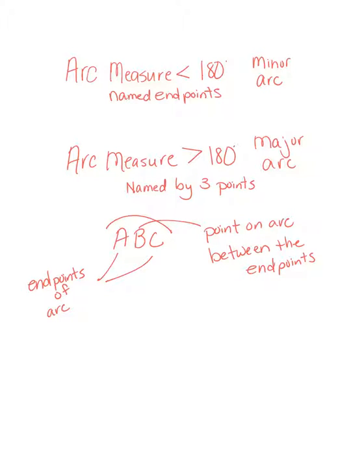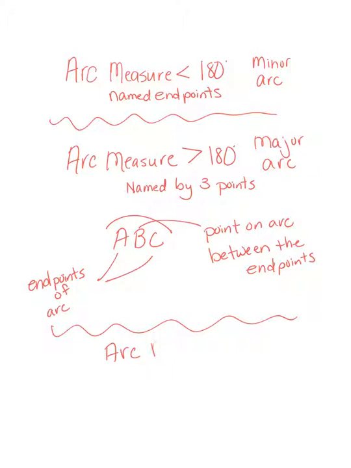Okay. Then we will have the possibility of an arc measure equals 180, which means we have a semicircle.